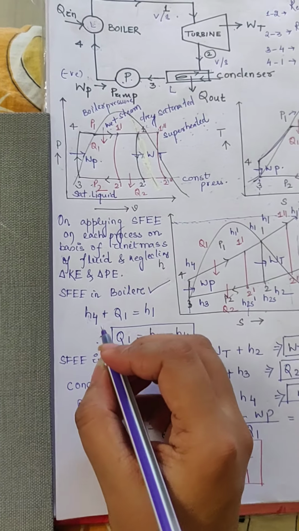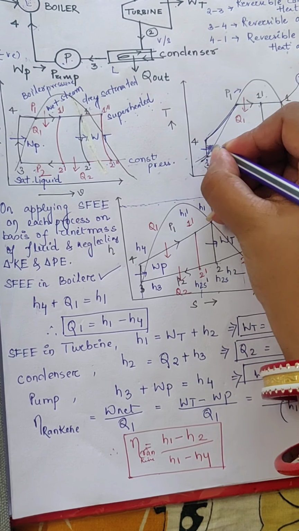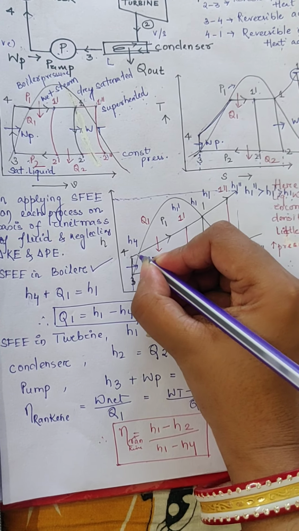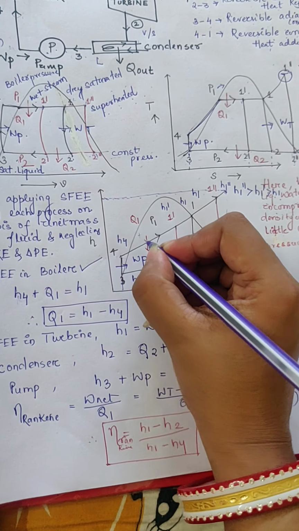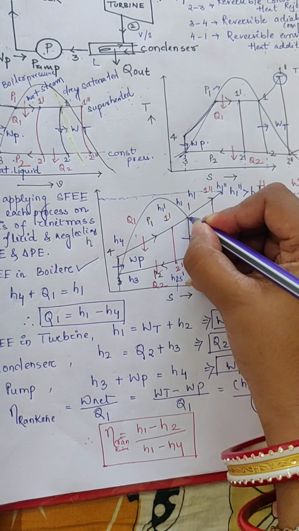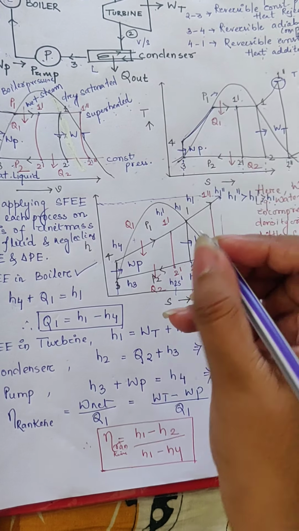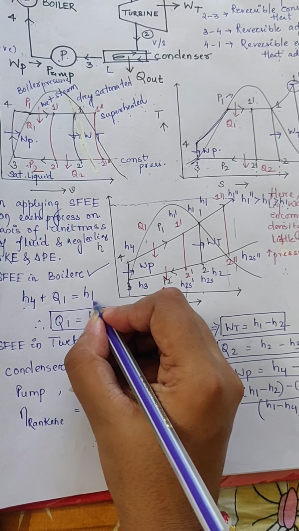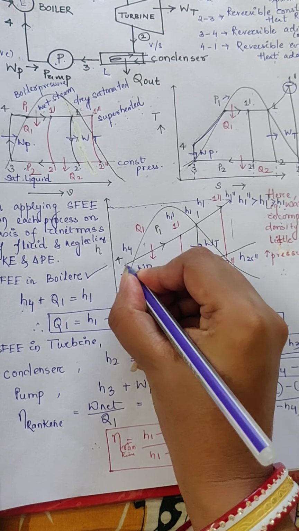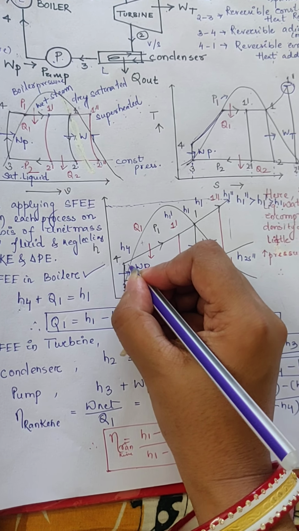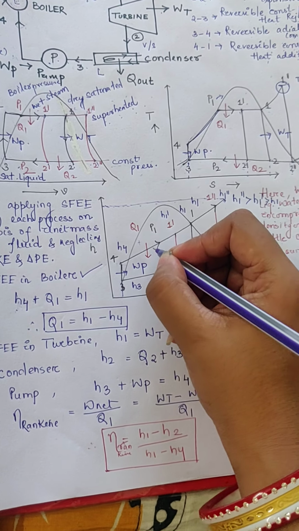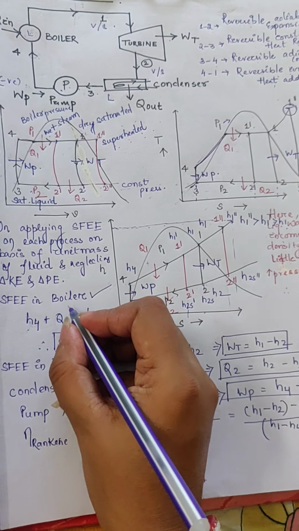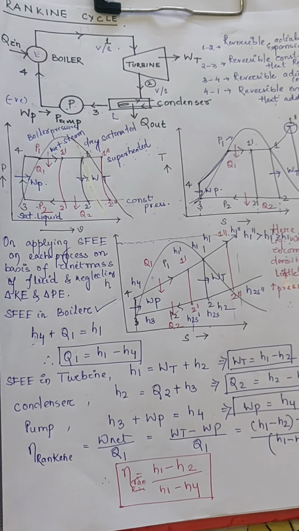Why have I written it like this? Here this H4 enthalpy is getting added to the heat supply, so that it will go to the position of H1. So we write H4 plus Q1 is equal to H1, because the enthalpy at point 4, H4, requires some heat added, so you have to add the heat Q1 inside the boiler, which will become H1.